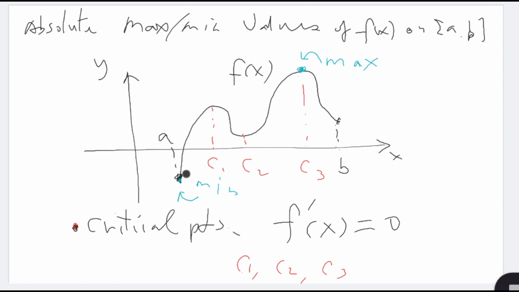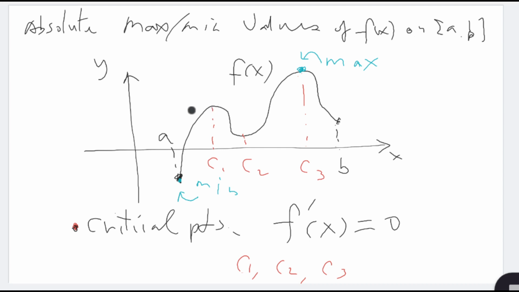So what does this graph tell us? Well, we notice there are some points that are special, like the C1, C2, C3 marked here. Why is that? They are special because we can imagine a horizontal tangent line.